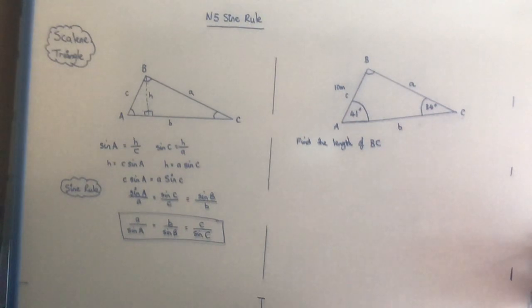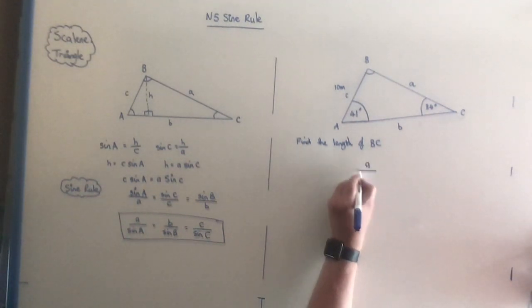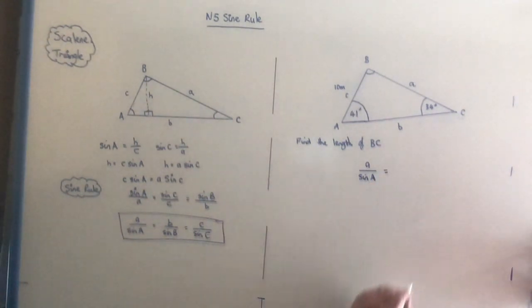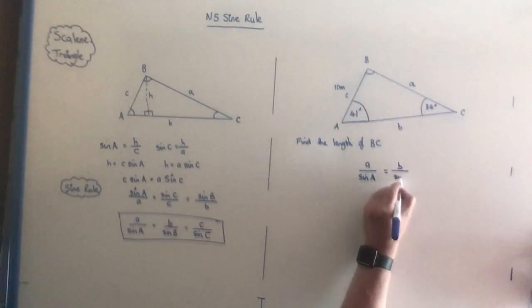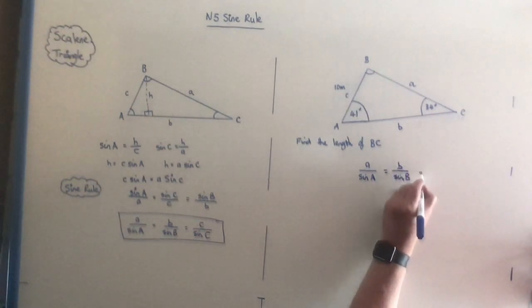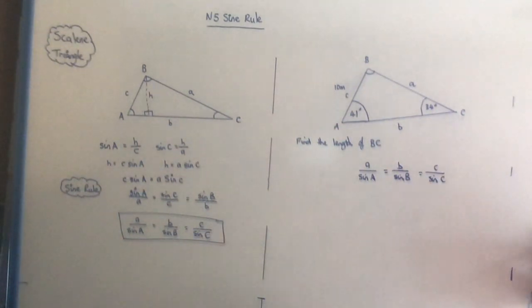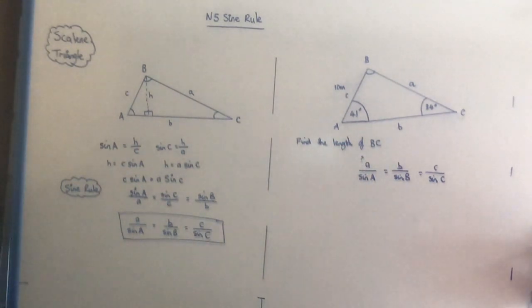So, first thing we do is we write down the sine rule. A over sine big A is equal to B over sine big B, and C over sine big C. Now what we try to find, so I like to put a question mark here. This is what I'm trying to find, a wee question mark.